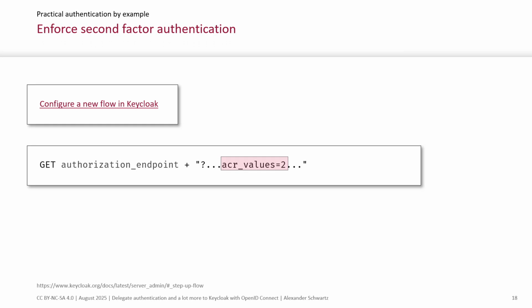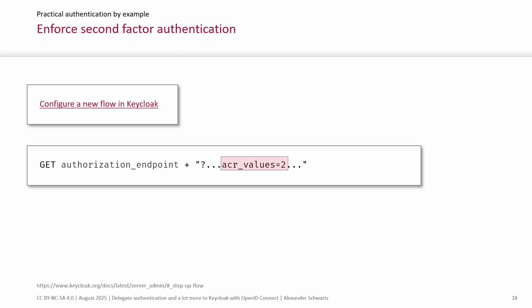And the thing is, in some environments you can say, when I log in, I always want to have this second factor being asked for. But with Keycloak, and OpenID Connect as well, you can have an authentication flow which is configured so that an application can decide when it wants to have the second factor.